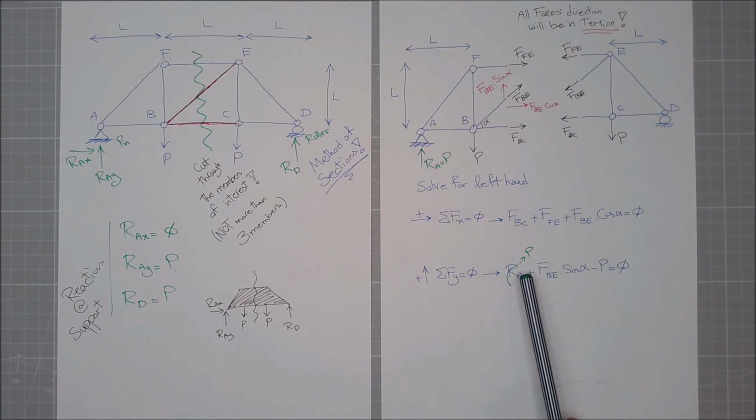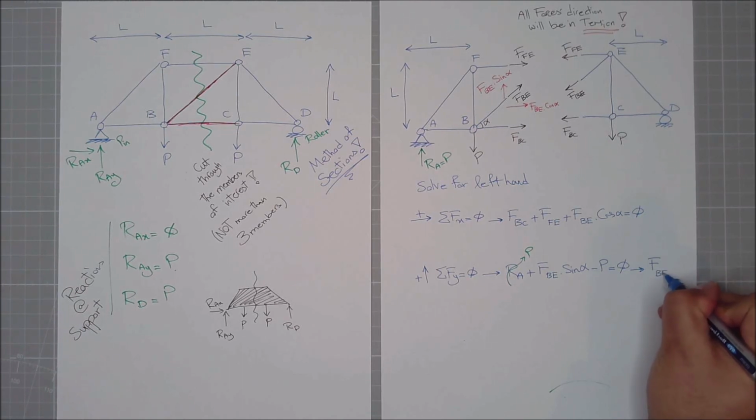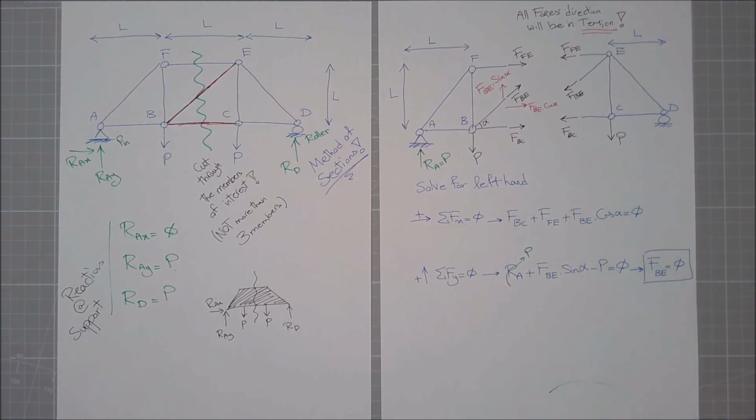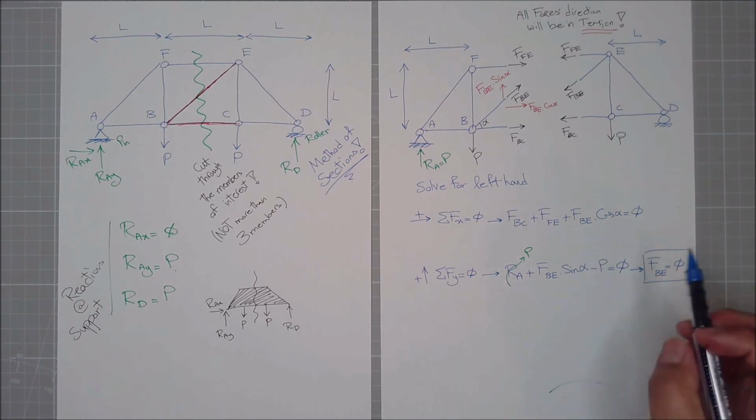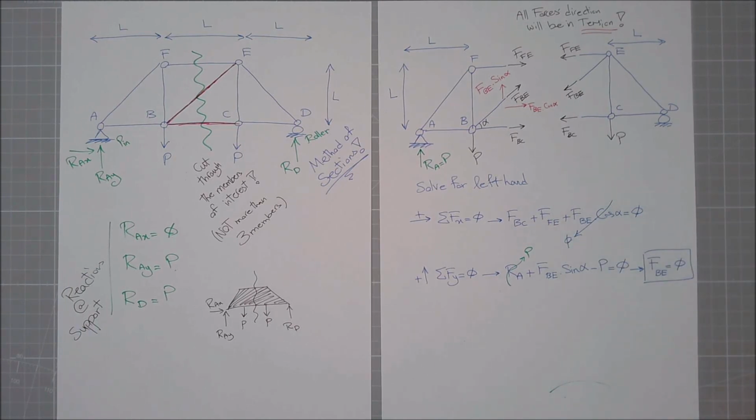So P minus P is 0. So from this, I can conclude that FBE is equal to 0. If FBE is equal to 0, then this guy is equal to 0 as well. Let's keep it for there.